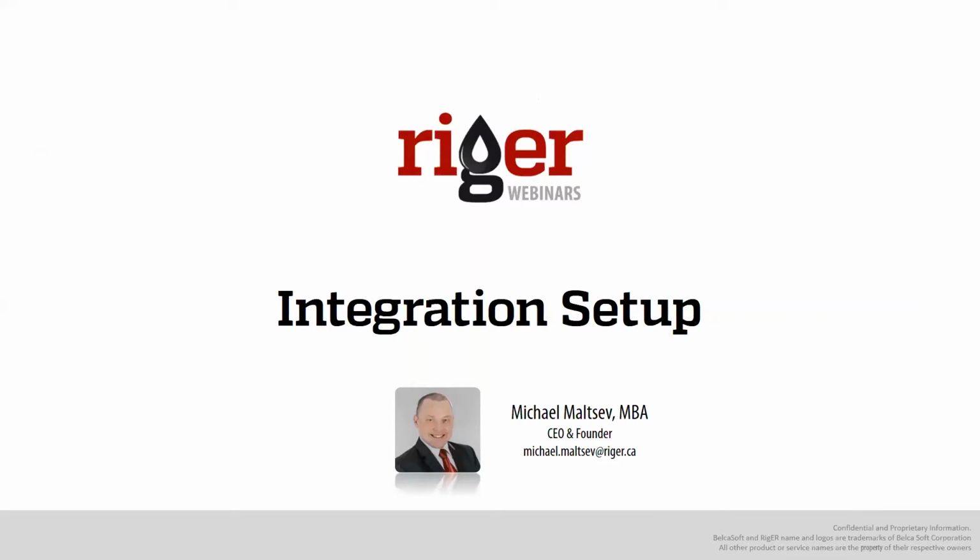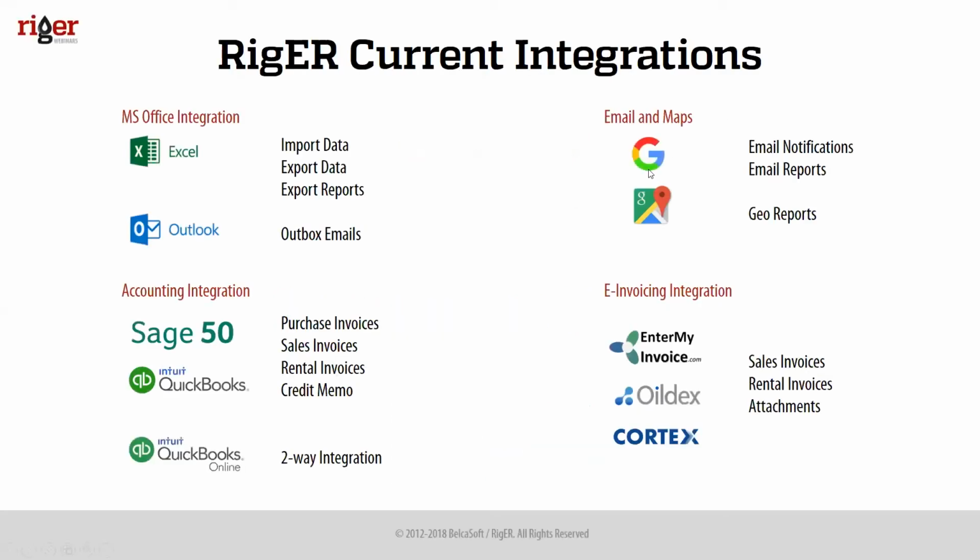If we talk about integration setup, I would say that integration is a number one trend right now in the software industry. Everyone wants to be connected, and RigER has a very robust integration with different systems. For example, Microsoft Office integration with Excel and Outlook.